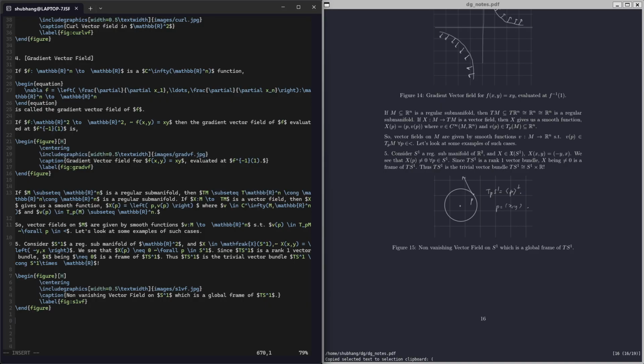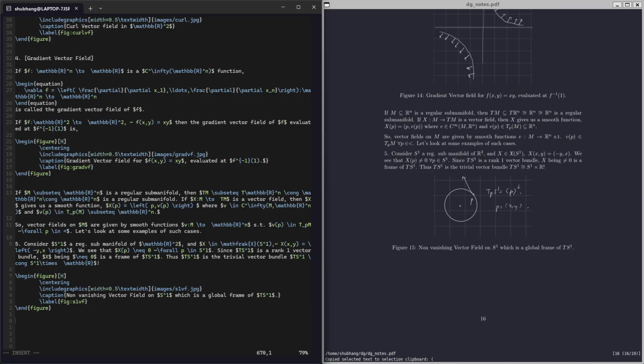Why is TS2 non-trivial? What do you mean by the tangent space? The tangent space at each point is indeed Rn. That is not the problem. The problem is, is it locally trivializable?